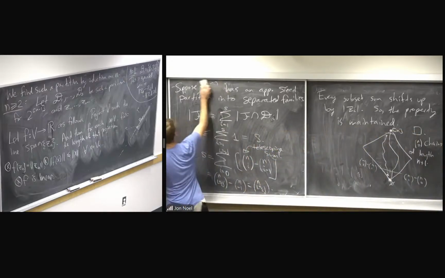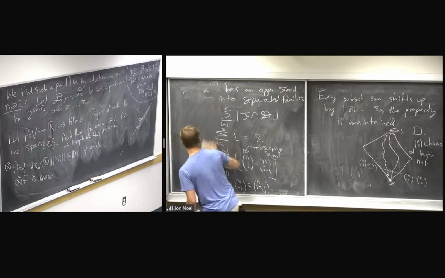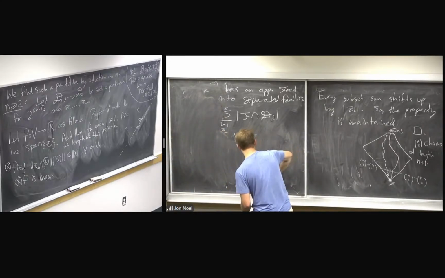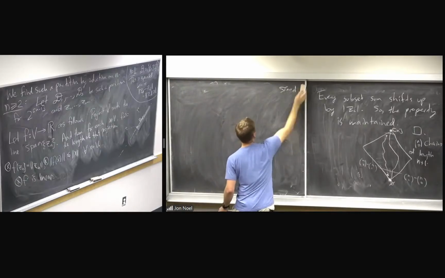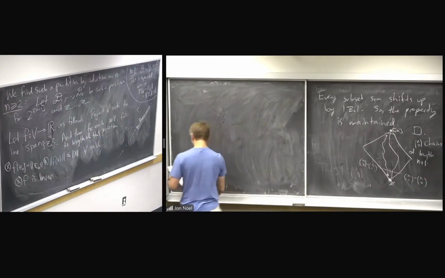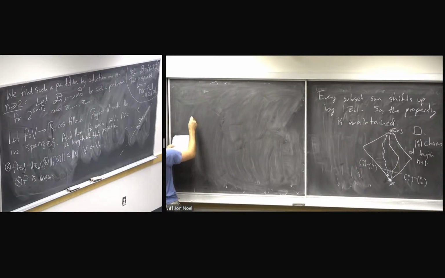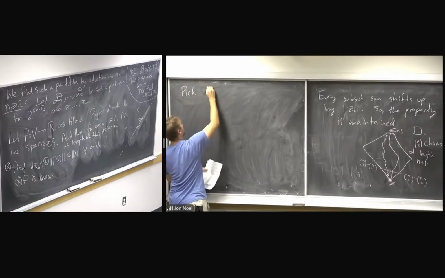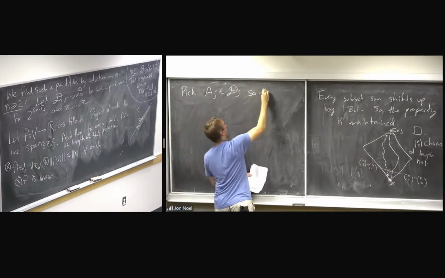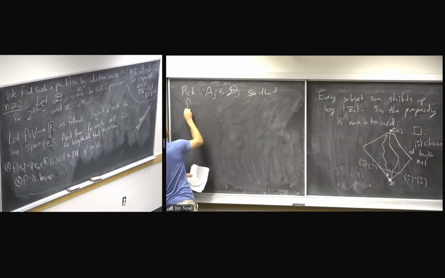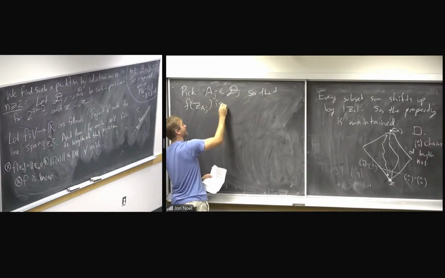Okay, so for each j, I'm going to pick aj and dj so that this function on that subset sum is maximum.